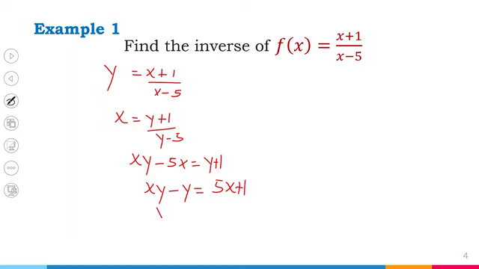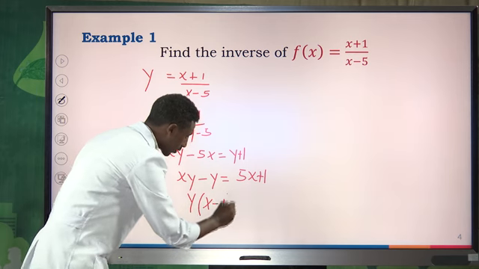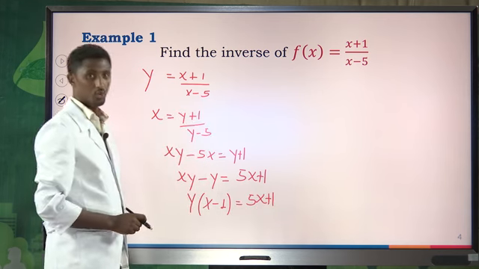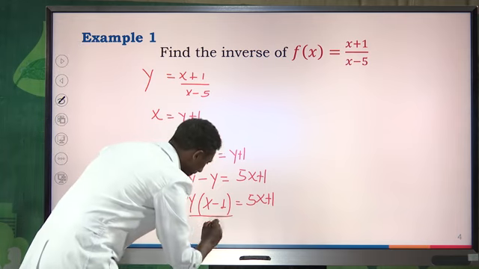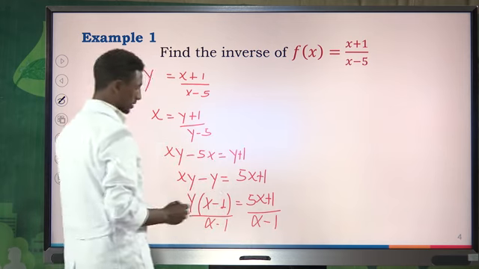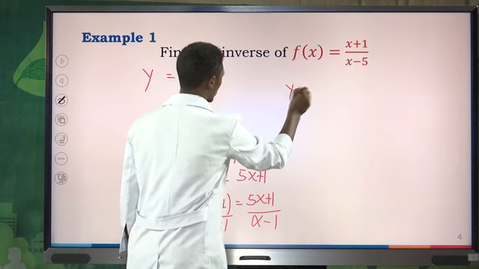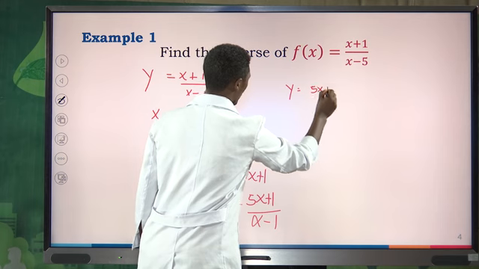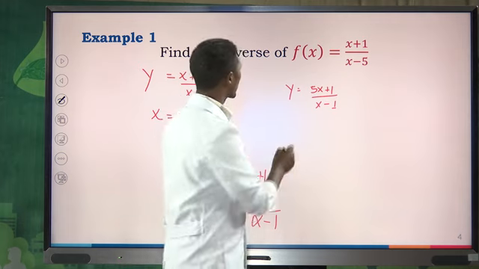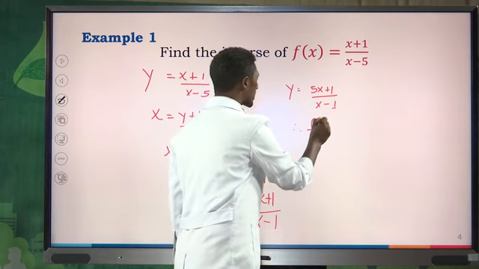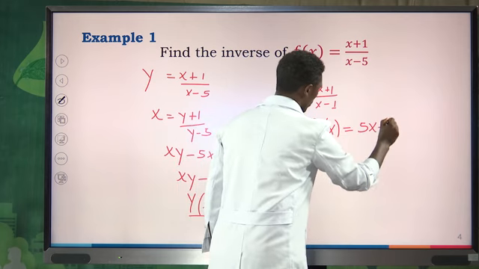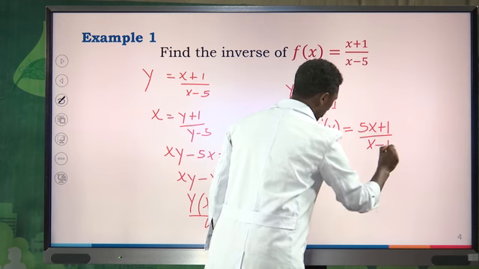If we factor out y, it will be y times x minus 1, which equals 5x plus 1. To solve for y, we divide both sides by x minus 1. So we'll have the result y equals 5x plus 1 over x minus 1. Then finally we can write f inverse of x equals 5x plus 1 over x minus 1.